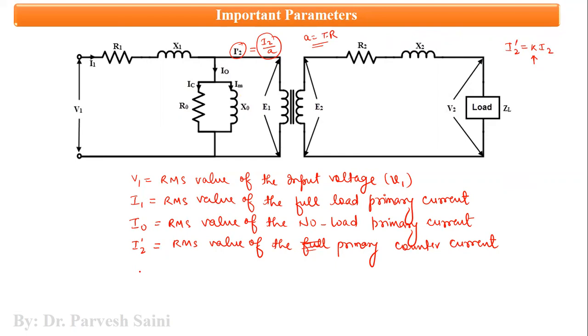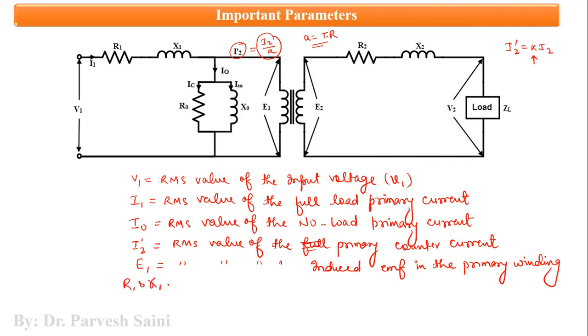Now let us come to this E1. So E1 is the RMS value of the induced EMF in the primary winding, and R1 and X1 basically are the winding resistance and reactance of the primary winding.